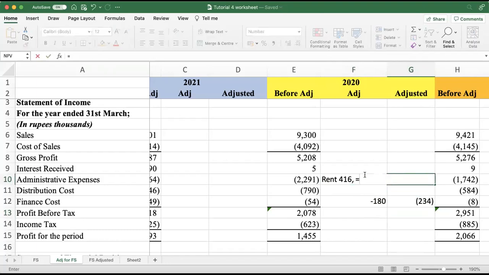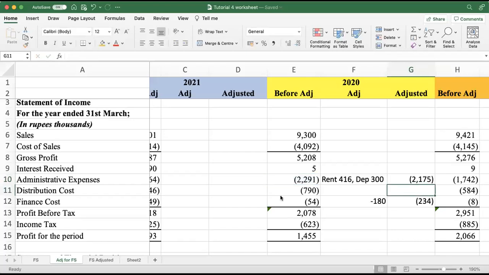Now you see 2,291. You deduct lease rental 416 plus depreciation. The adjusted value 2,175.